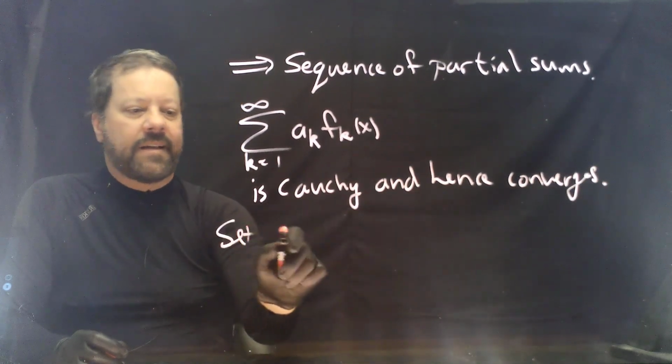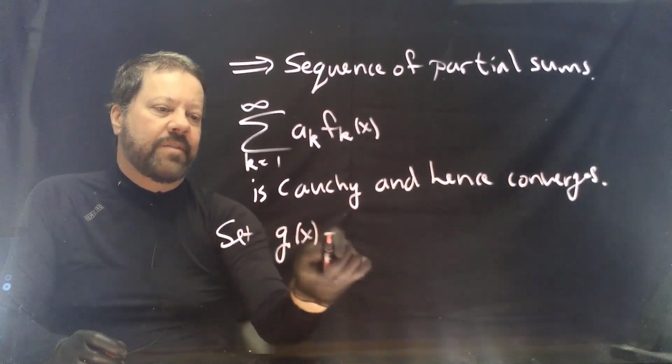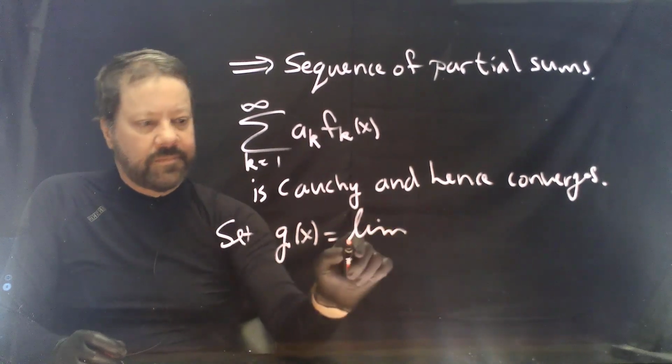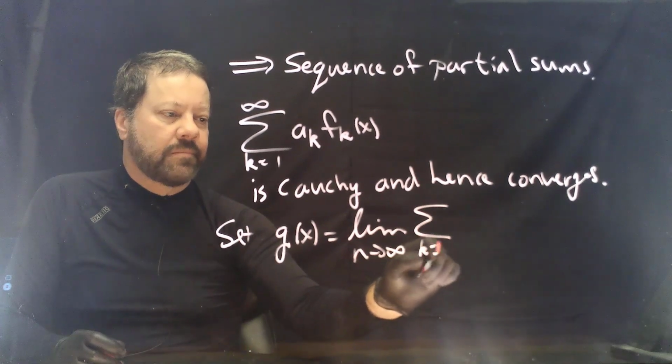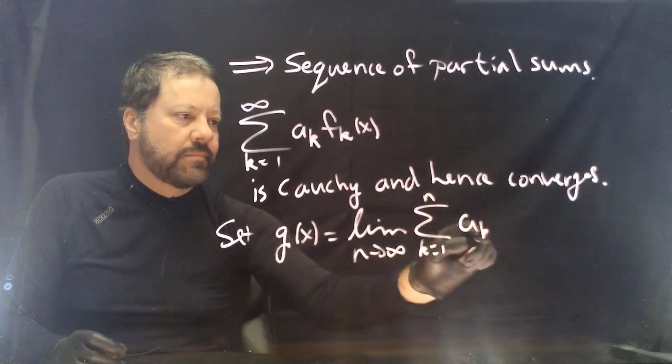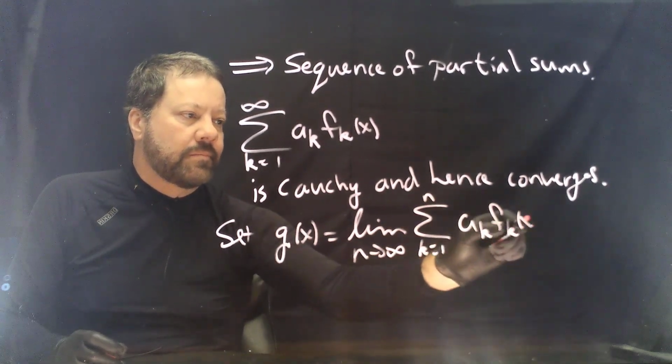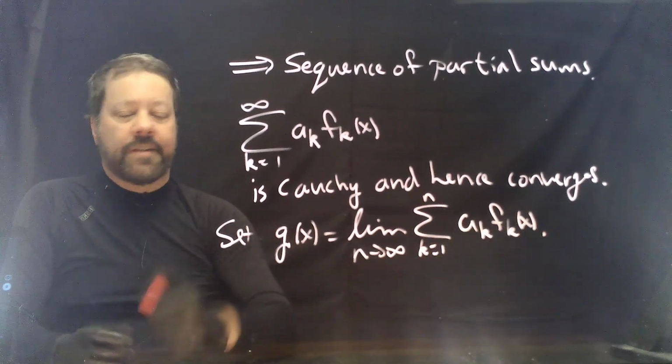So that we can set g of x to be the limit of this partial sum.